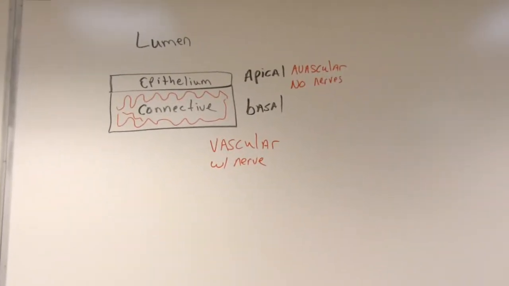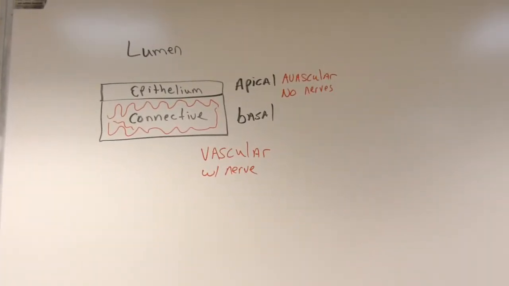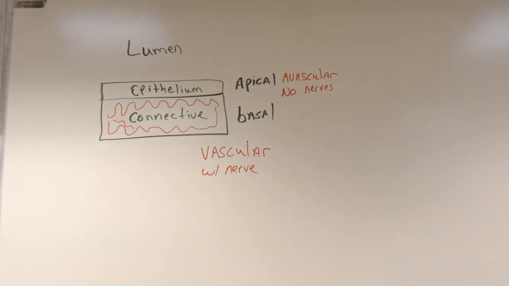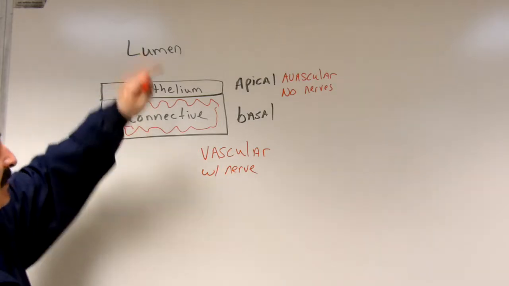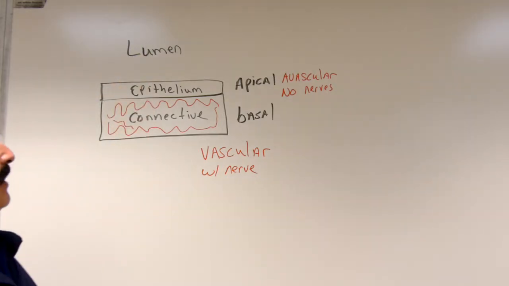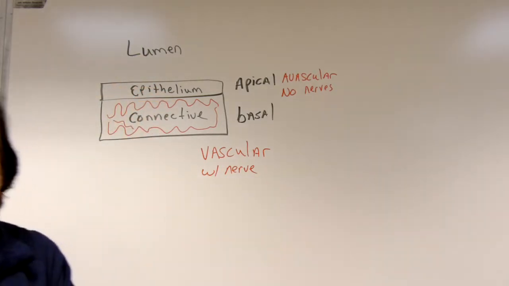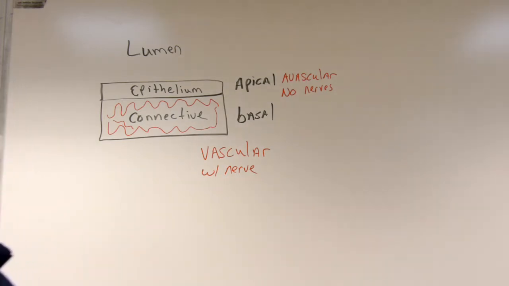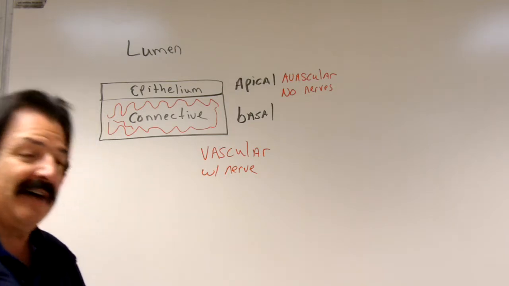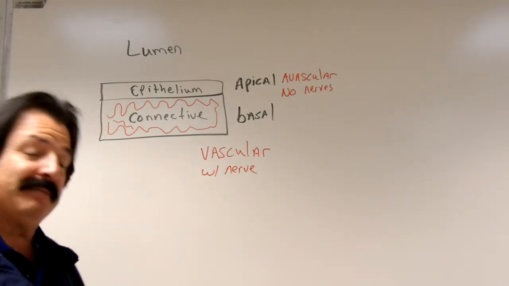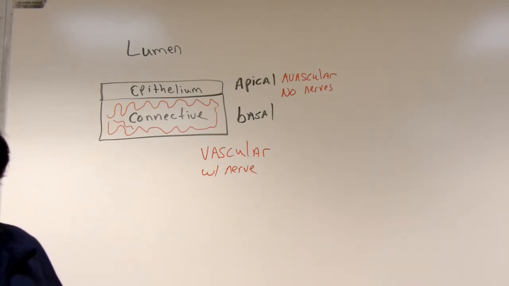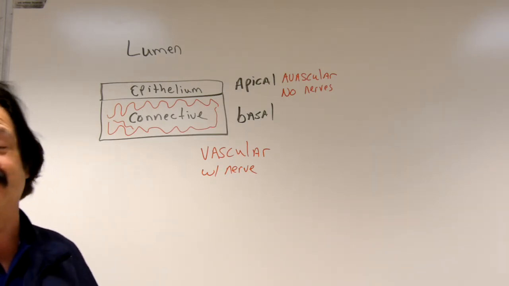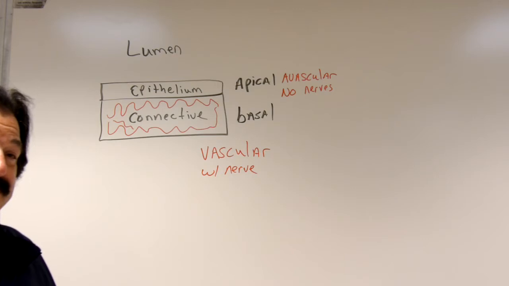So when we get to the slides, I'm going to use the words apical, I'm going to use the words basal, all right, and the words lumen, okay? So epithelium lines all the cavities of the body, the mouth being the first cavity, the esophagus being the next cavity, the stomach the next cavity, the small intestine the next cavity, and the large intestine the next cavity, okay?